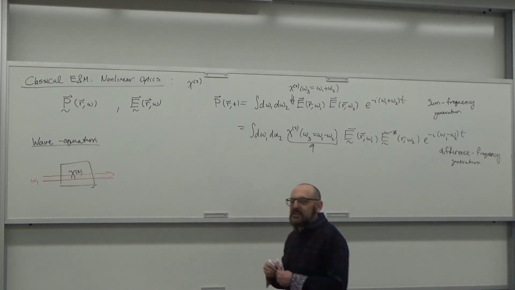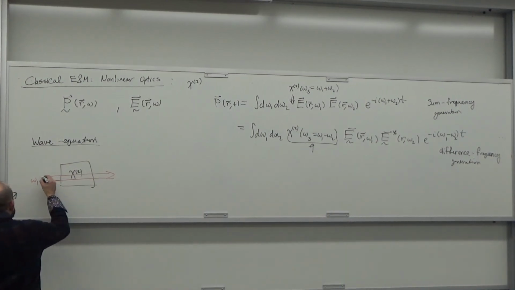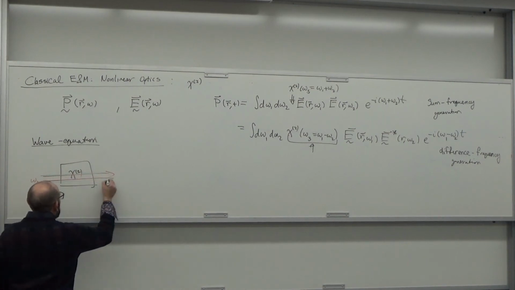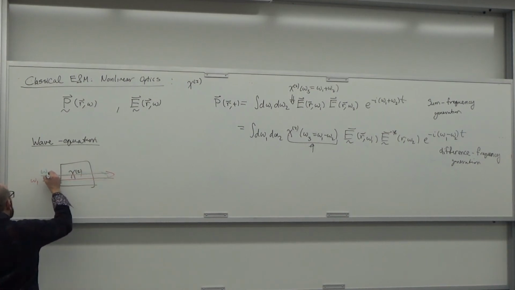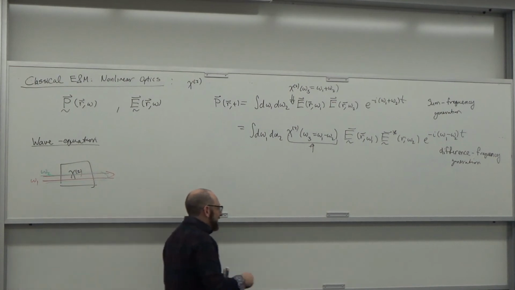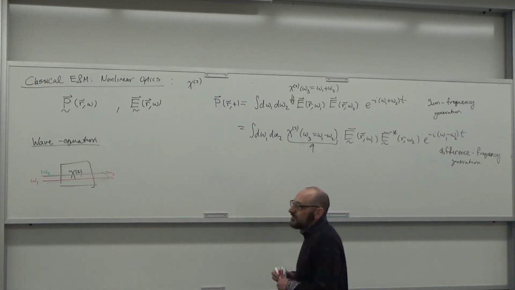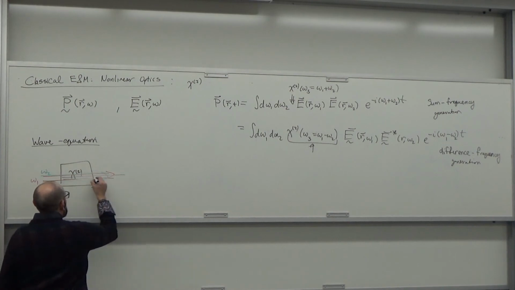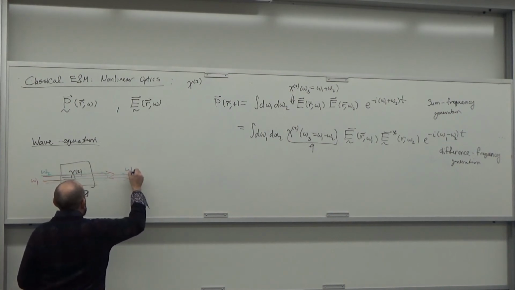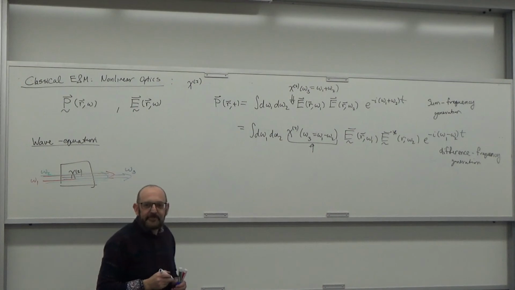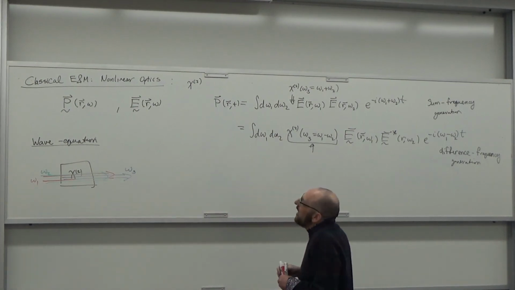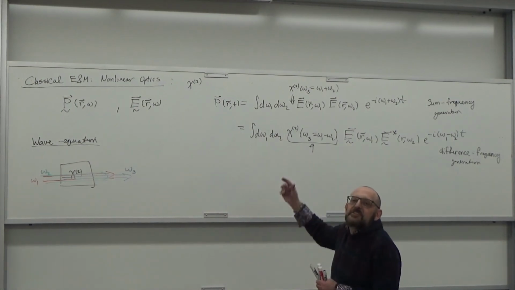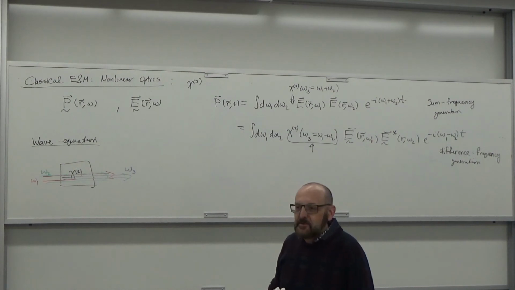That's some laser beam. I have some other laser beam going through here, at frequency omega 2. And through this process, I generate a third beam coming out at frequency omega 3. Let's, in particular, as an example, just look at sum frequency generation.